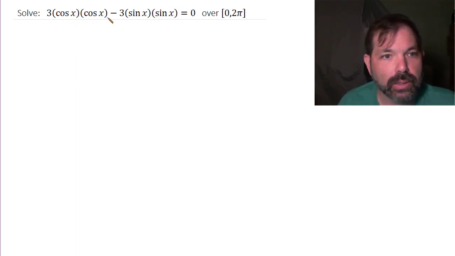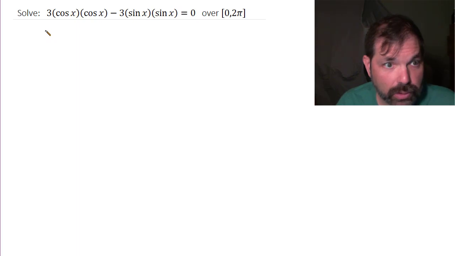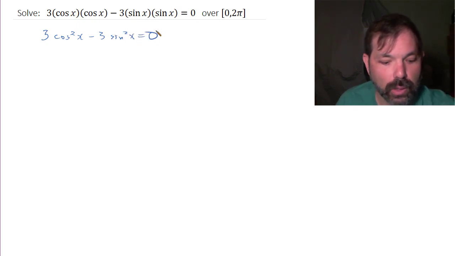Cosine x times cosine x is cosine square x. And so then this is 3 times cosine square x minus 3 times sine square x equals 0.